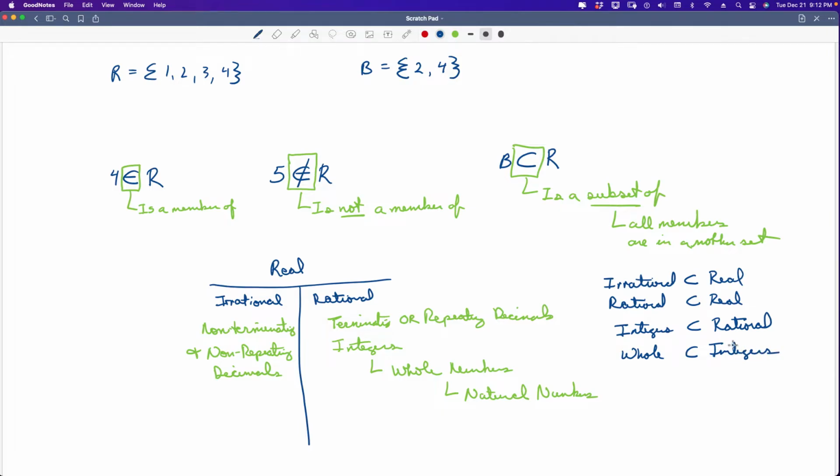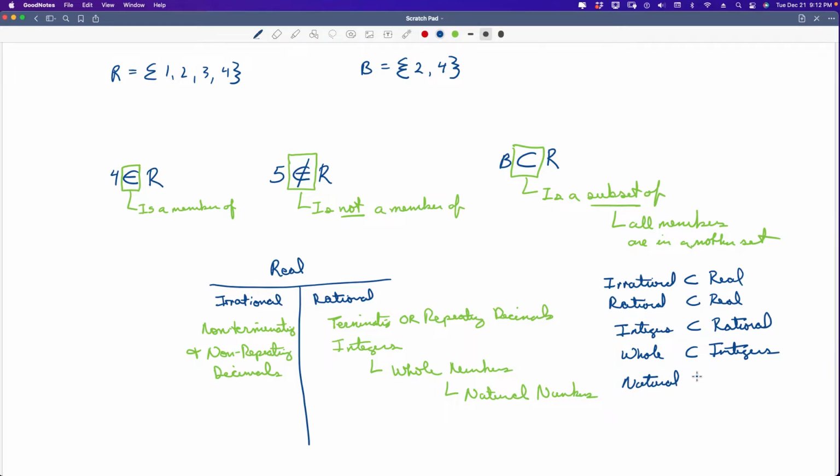If you don't remember what integers are, they're all the negative whole numbers, all of the positive whole numbers, and 0. And we know that whole numbers are 0 and all the positive numbers. And we know that natural numbers, those are the numbers we count with, start at 1. So whole numbers are the natural numbers plus 0. So the whole numbers have more than the natural numbers do.